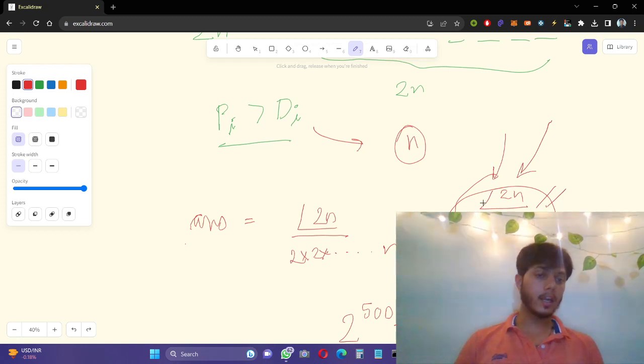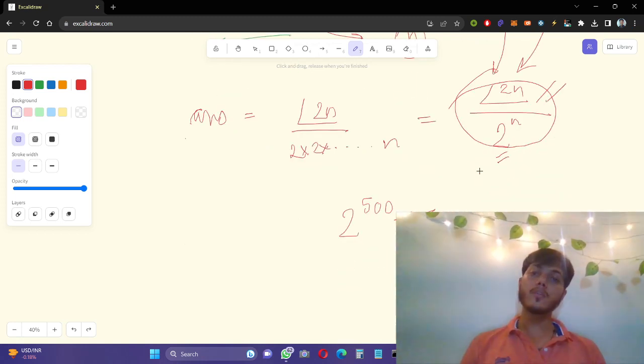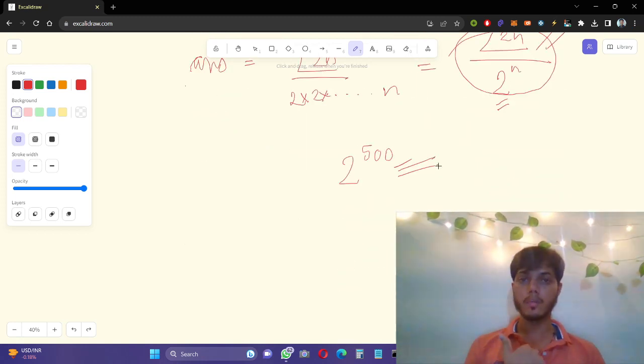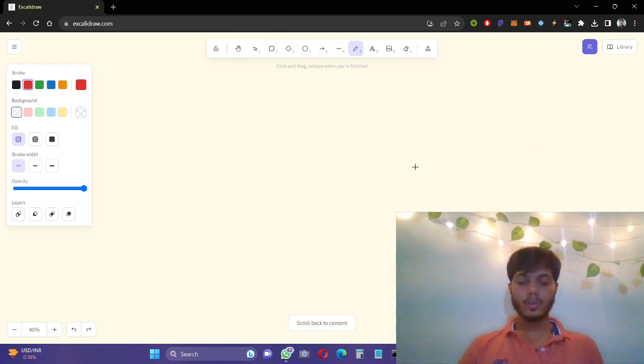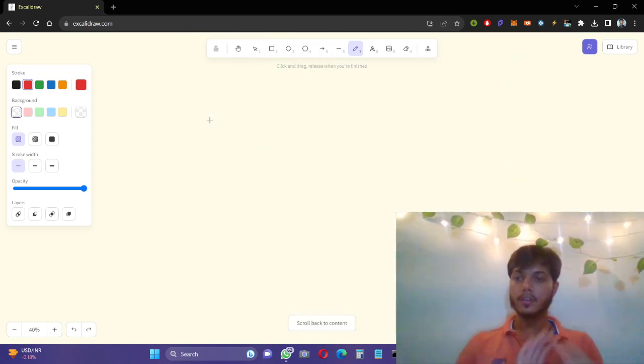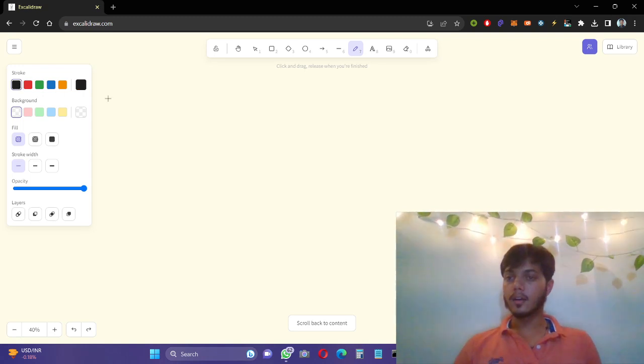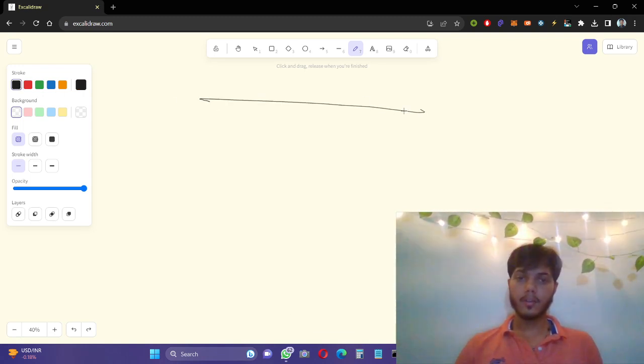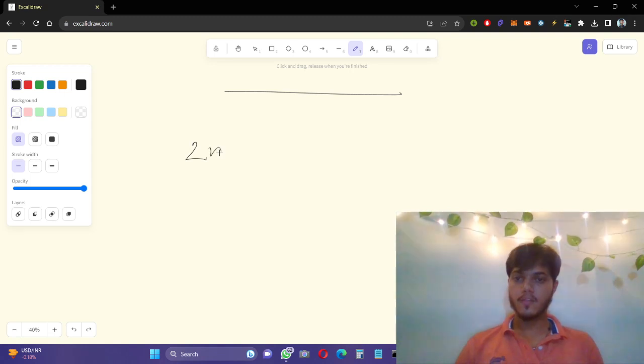Though this is the correct logic and the correct answer, we have to dive deep into the binomial theorem in class 11th, which we studied. So just reset everything and listen from here. Suppose we have 2n factorial.